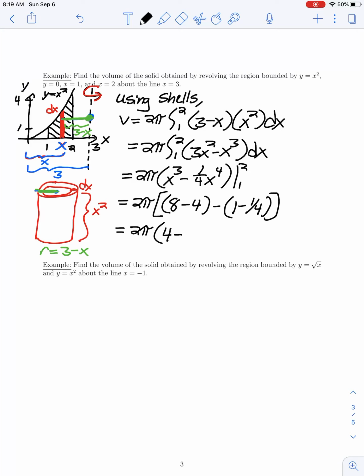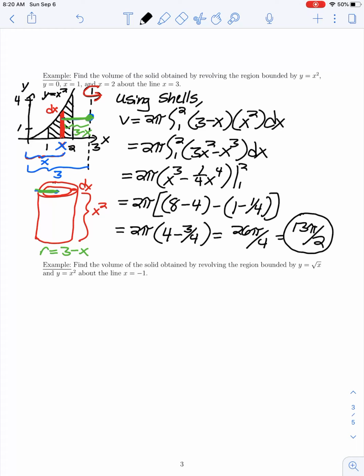And then we were subtracting 1 minus 1/4, which is 3/4. So inside of the parentheses, our 4 minus 3/4 is 13/4. Multiplying by 2 pi would give us 26 pi over 4, or 13 pi over 2 cubic units for the volume of this solid being described.